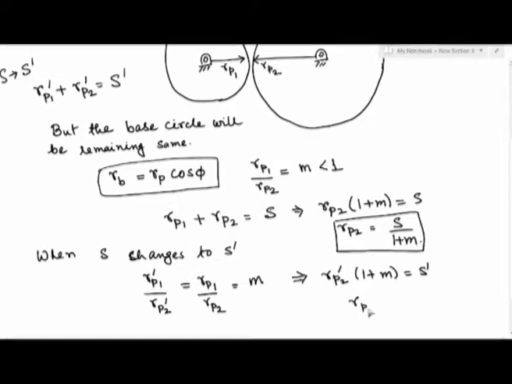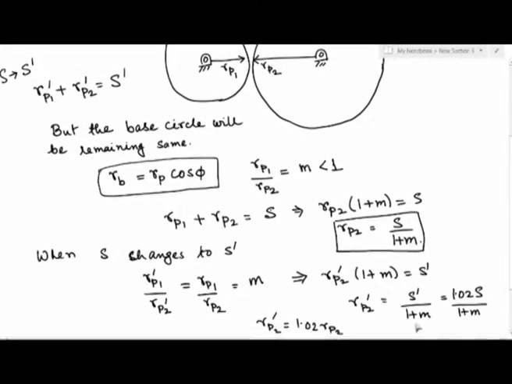So therefore RP2 prime is now S prime divided by 1 plus M. So in other words, if S prime is 2% more than S, S prime equals 1.02 times S divided by 1 plus M, which means RP2 prime is basically 1.02 times RP2.